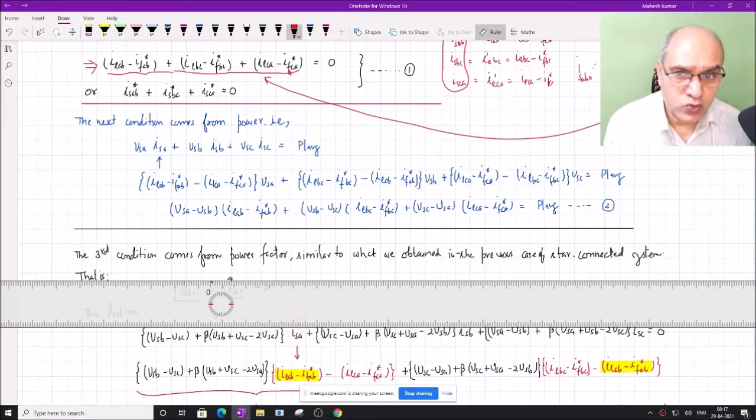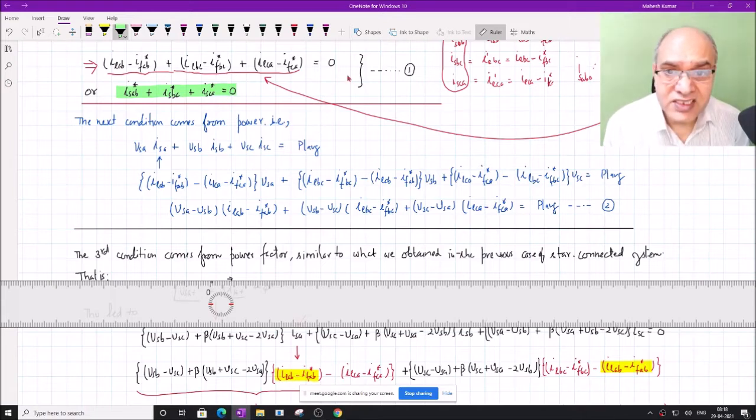This condition is useful and it is equivalent to this equation, which means ISAB star plus ISBC star plus ISCA star. The star means the reference current that is supposed to flow between A to B, B to C and C to A after compensation must be equal to 0. This is the first condition.